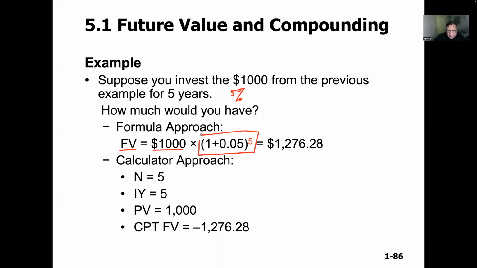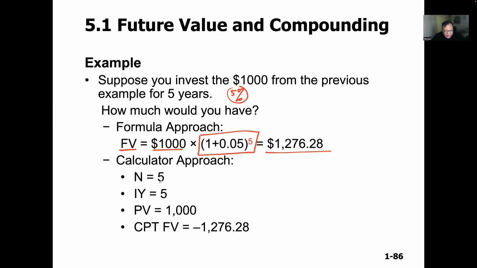This compounding factor is 1 plus the interest rate, in this case 5%, to the power t, where t is the time period. In this case, it's 5 years, power 5. So we calculated the number is 1,276.26.